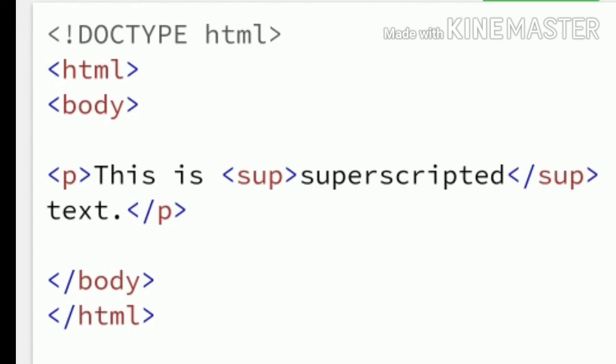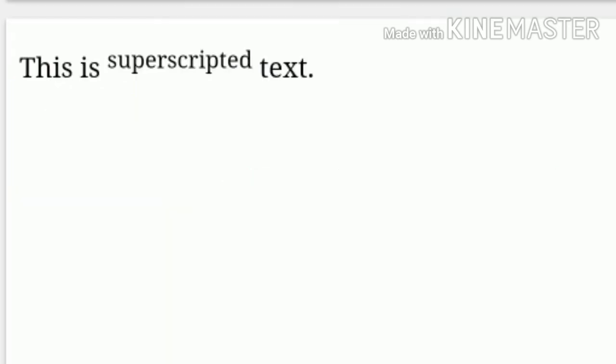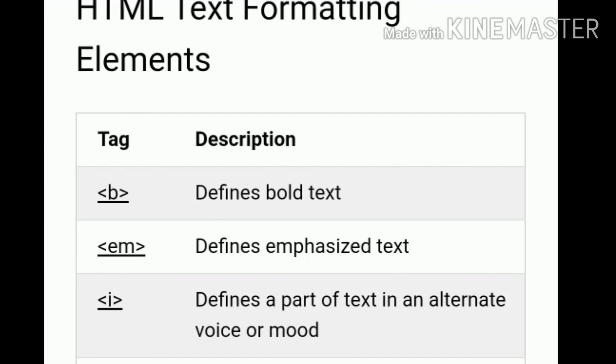Both strong and b tags render the enclosed text in a bold typeface by default, but the strong tag indicates that its contents have strong importance, whereas the b tag is simply used to draw the reader's attention without conveying any special importance. These are some important differences.